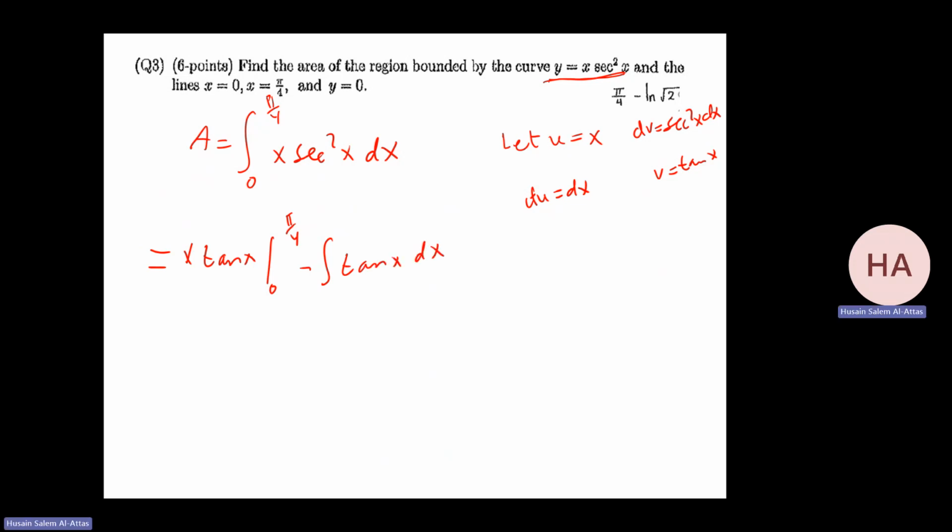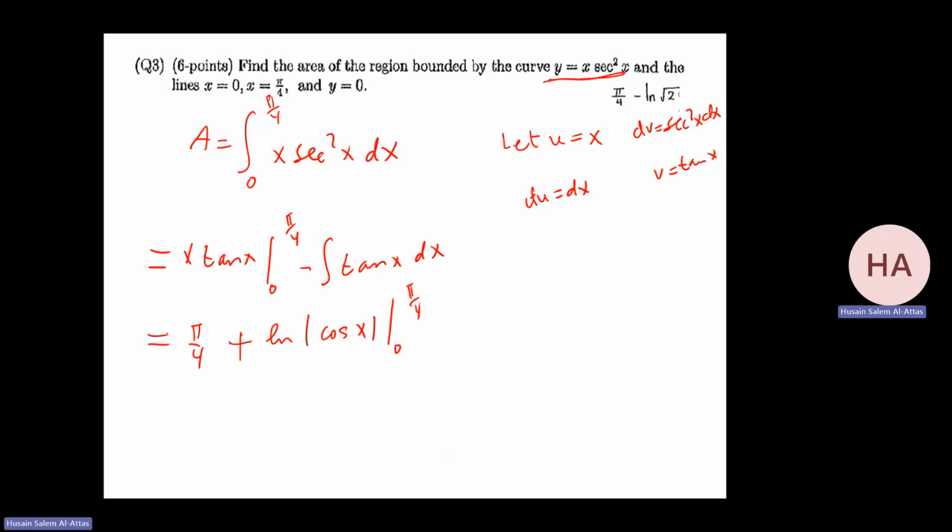Tan is sine over cosine. If you use cosine, I need minus sine, and it is minus sine. So substitute here: that will be pi over 4 times tan pi over 4, which is 1. So it will be pi over 4 minus, or plus, ln cosine x from 0 to pi over 4.